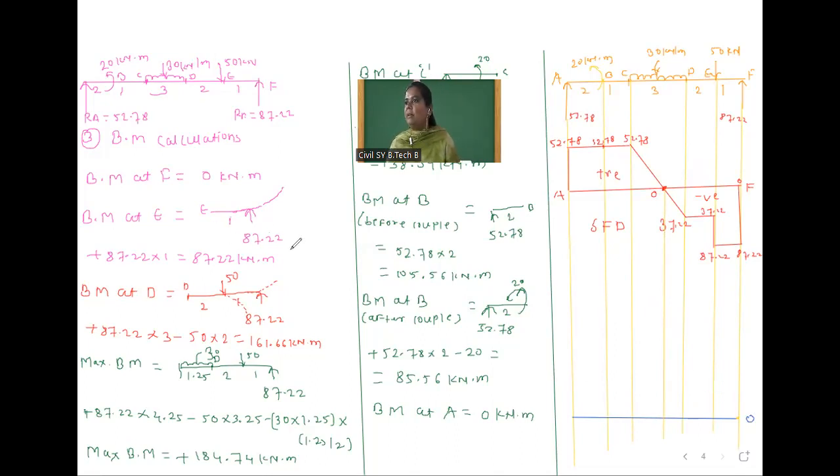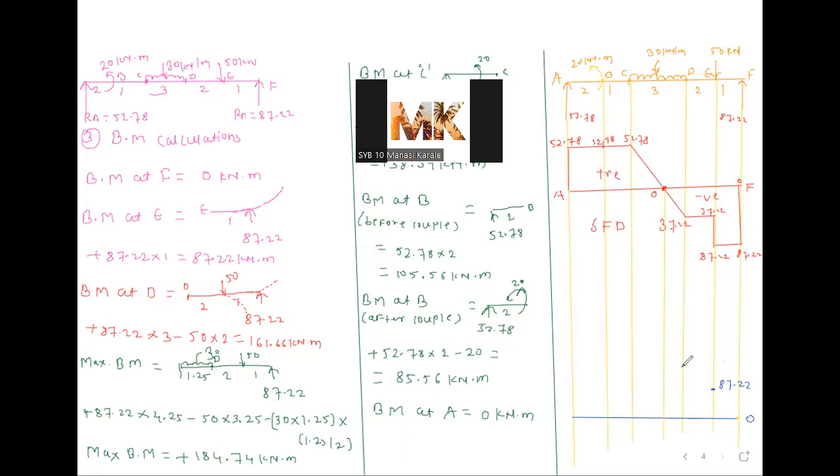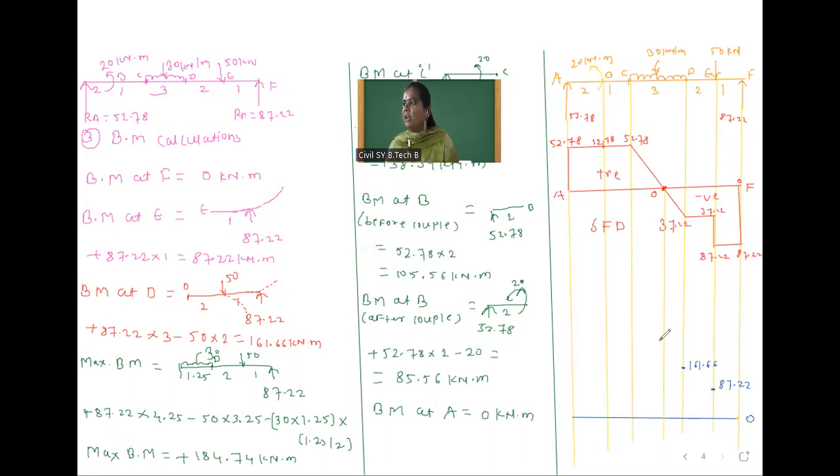You see here 87.22. Suppose the point is here, 87.22. After that, bending moment at D is 161.66. After that, the maximum value, 184.74.